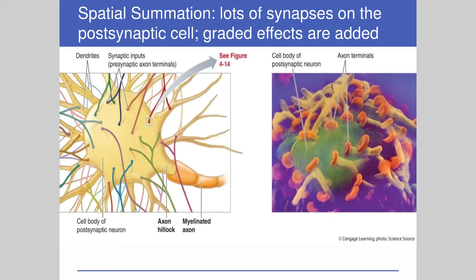Okay, and what you see on the right is what that would actually look like under a high-powered microscope. So if only one of those synapses on the left fires and produces an EPSP on that localized region of the cell body of the postsynaptic cell, then it's going to produce a weak depolarization in that area, and most likely won't cause the depolarization to flow toward that axon hillock.